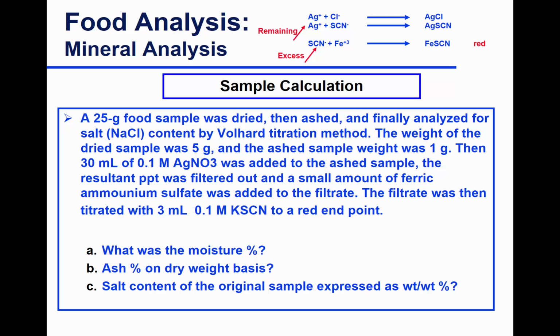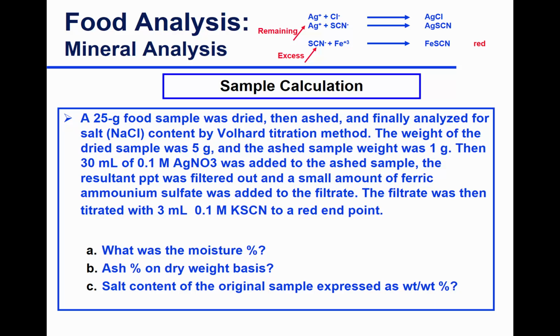And this one equals the amount of remaining silver. So this is original and this is remaining. If you get the difference, the difference is the amount of silver you used to titrate the Cl in our sample.